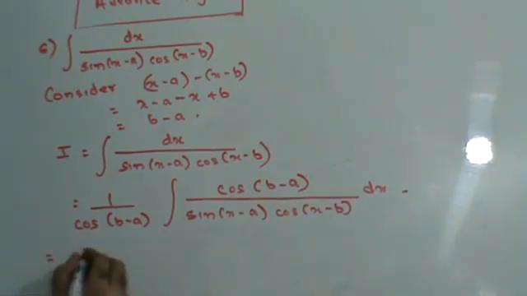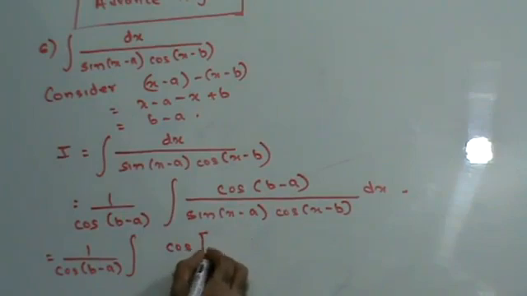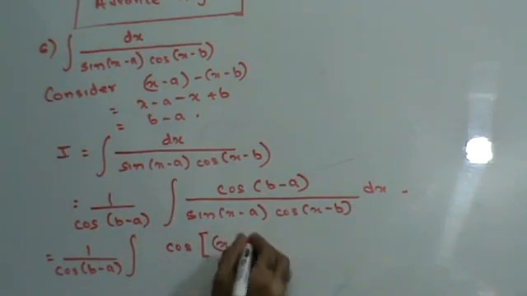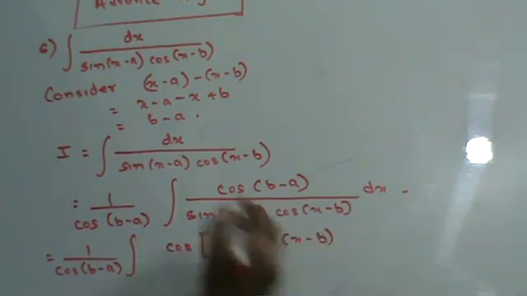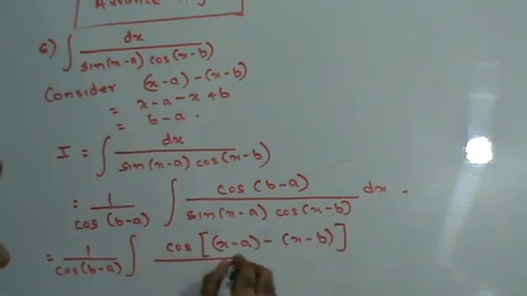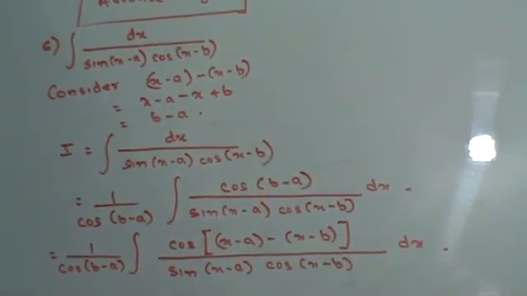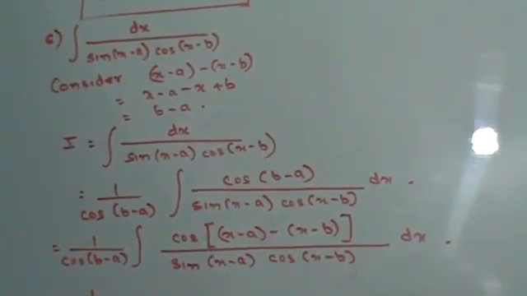Now this can be written as 1 upon cos(b minus a), integral of cos(b minus a), which can be written as (x minus a) minus (x minus b). Right, in the beginning we proved this, upon sin(x minus a) cos(x minus b) dx. I can expand this by using the addition formula.